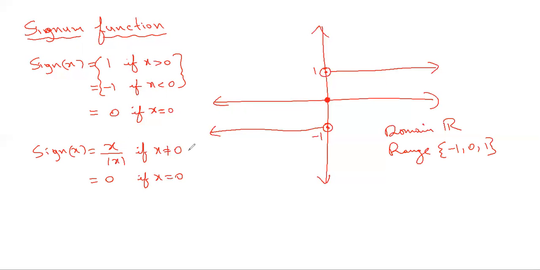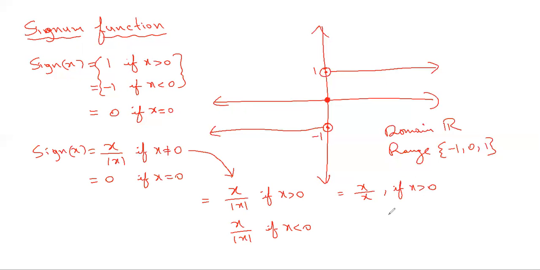We have a method of redefining the function. You can split this into 2 cases. What are the two cases? x by mod x if x greater than 0, and the same x by mod x if x less than 0. If you simplify it, in case of x positive, mod x should be replaced with x, so x by x, if x greater than 0.